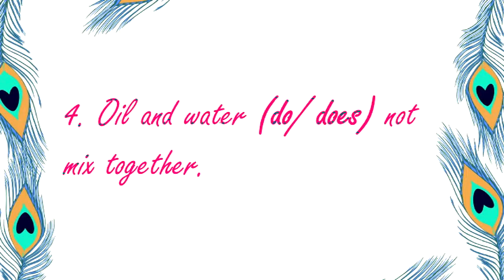So accordingly, the verb should be plural. So just now I shared with you, out of the words do or does, which is our plural verb? You're right. Do is our plural verb. So the answer is oil and water do not mix together. Got it? Just go through the video of subject-verb agreement. We have done all these rules there.